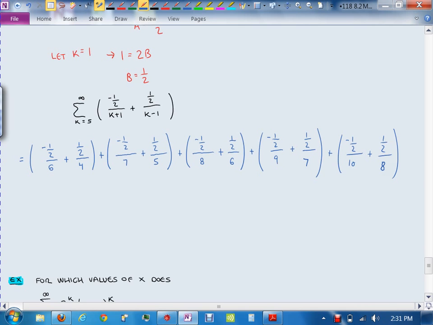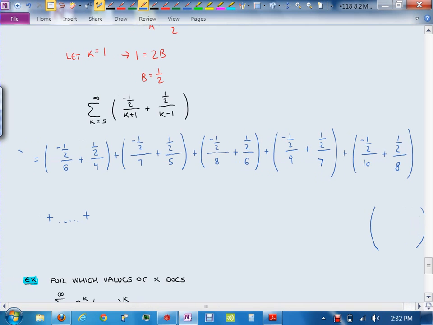Now, the only way to properly tell what's happening with the collapsing series is to look at the pattern in the beginning, but also to look at the pattern at the back. So I'm going to put below this plus dot, dot, dot, dot, dot, right? Now, I'm going to start at the very end. What would the last term be? Oh, you know what? I need to change this in front to S sub n.